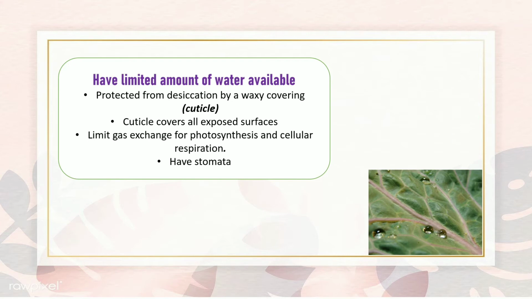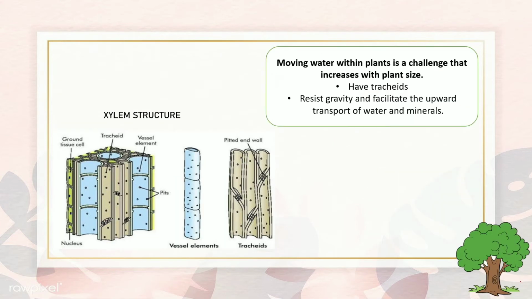However, the solution is that leaves have stomata. Stomata are tiny openings mainly found on the underside of the leaf. These pores allow for gas exchange but can also allow water vapor to escape.